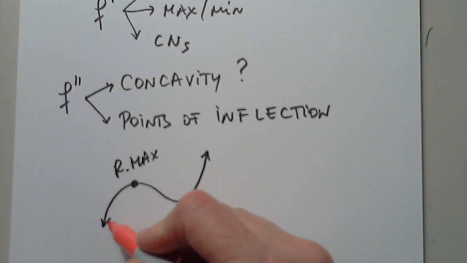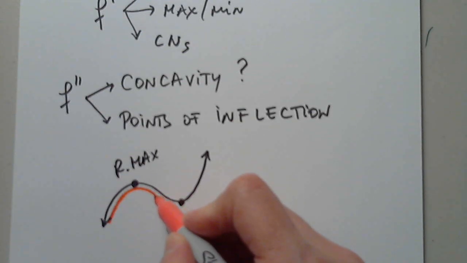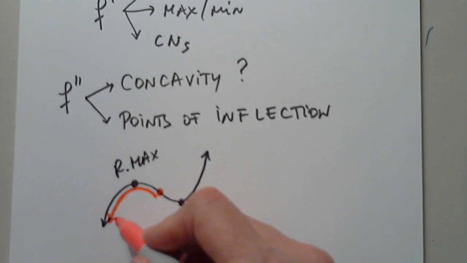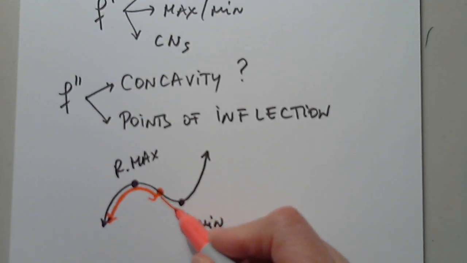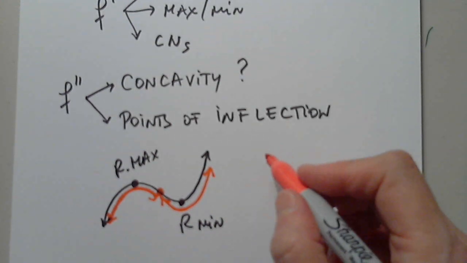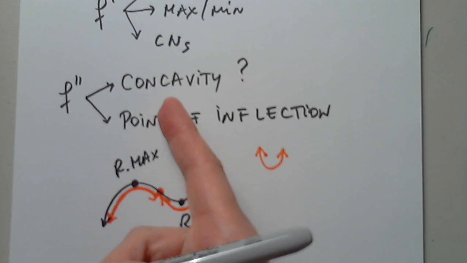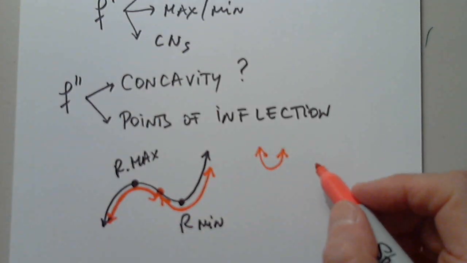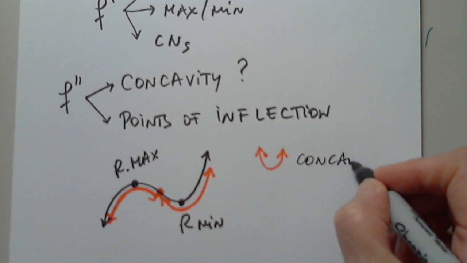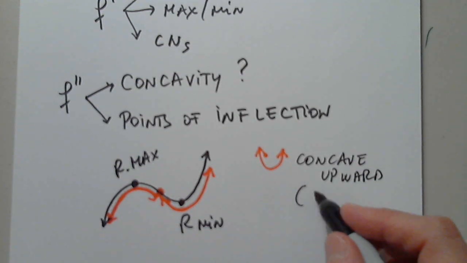Notice what happens. The function is opening down till a certain point. When it starts opening up, so when the function opens up, we say it's concave up or upward. Concave upward, what I like to say is that it holds water.